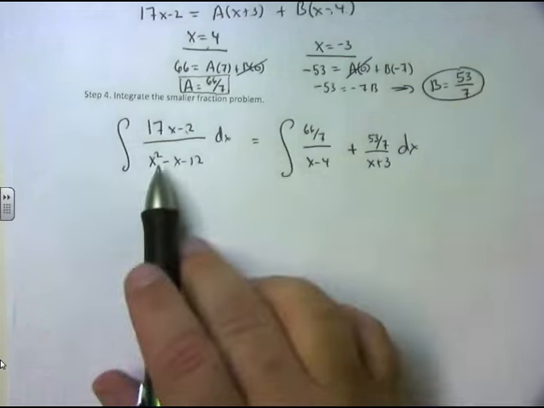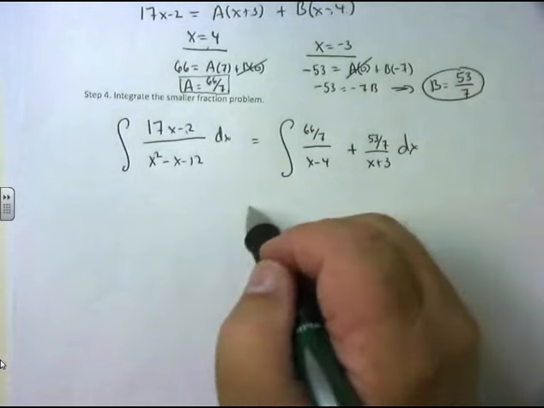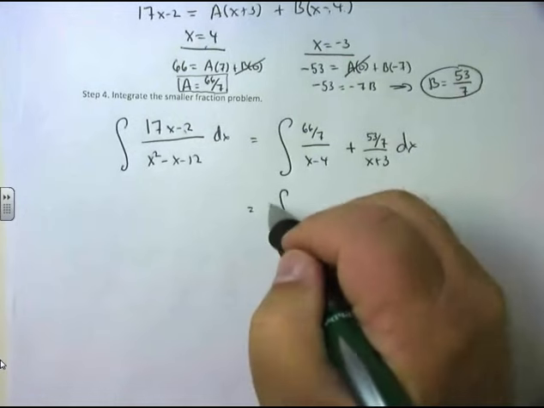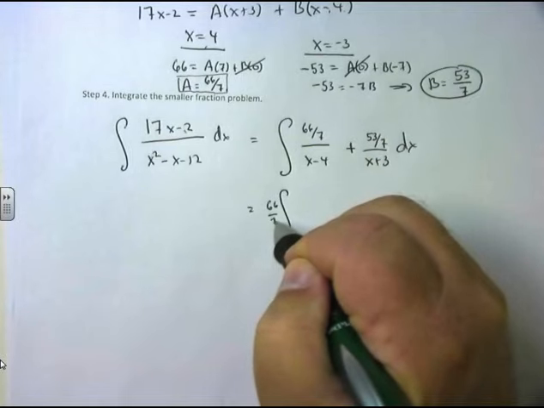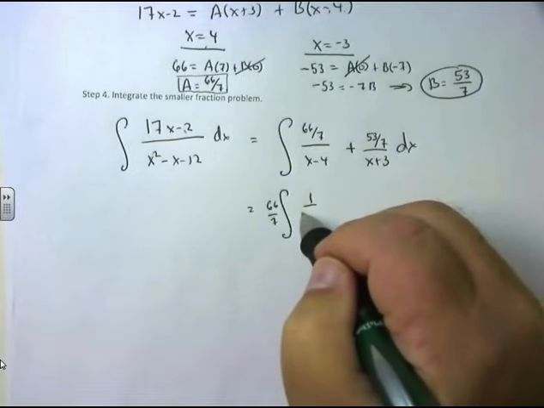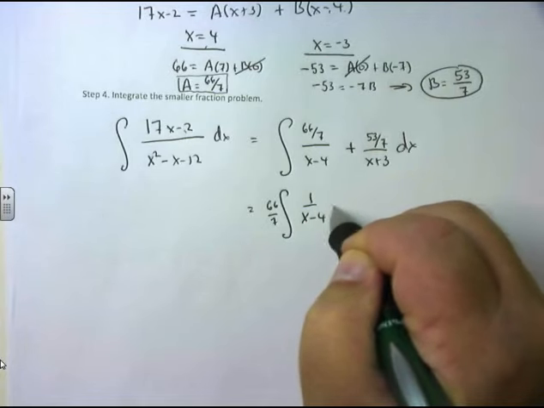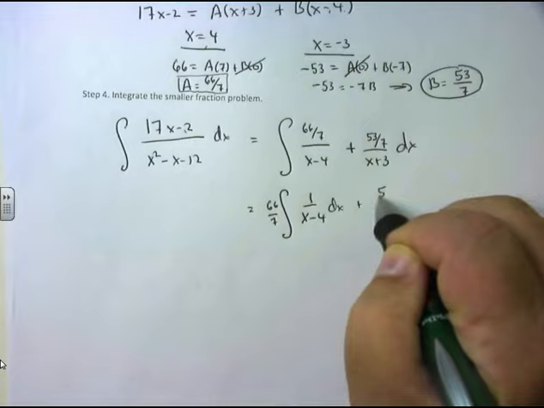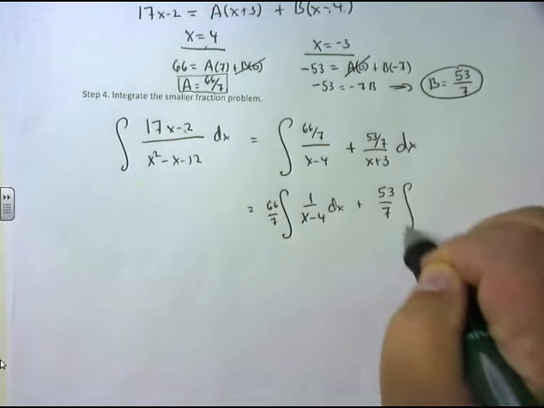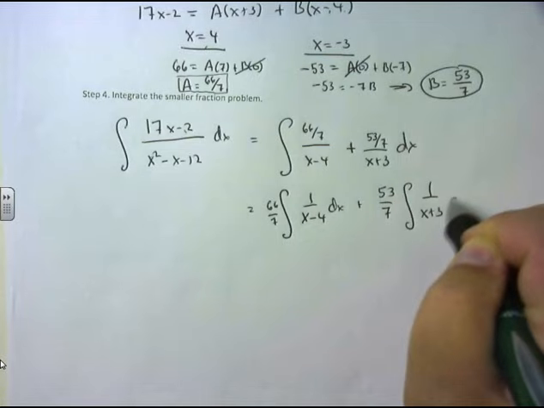Now I've turned one big fraction into two small fractions, but when I integrate, I just got to integrate both of them, and constants go out front. So there'll be 66/7 times the integral of 1/(x - 4) dx plus 53/7 times the integral of 1/(x + 3) dx.